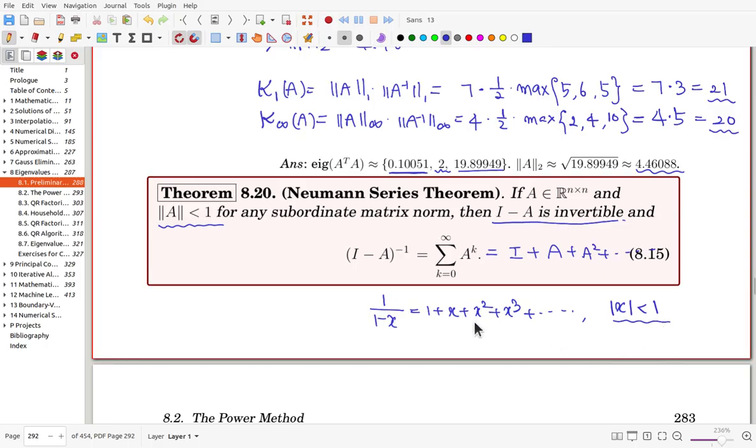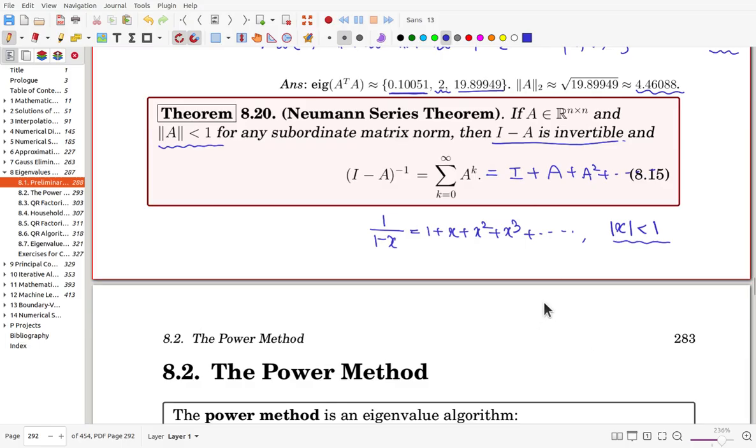So once it's not satisfying the condition, then it's nonsense. So exactly over there, once it is strictly less than 1 in norm, then here it's almost the same form, and identity minus A inverse can be written in this way. Okay, this is the end of the section.